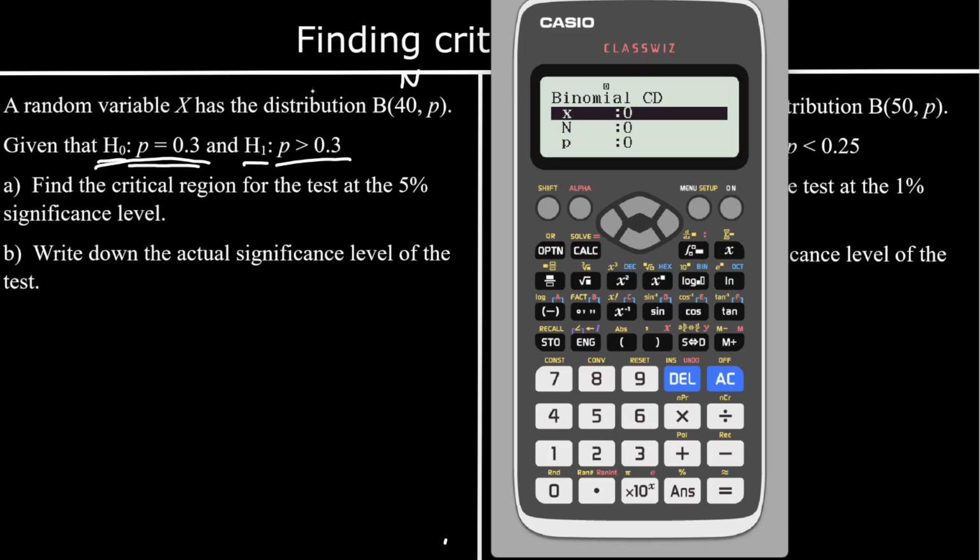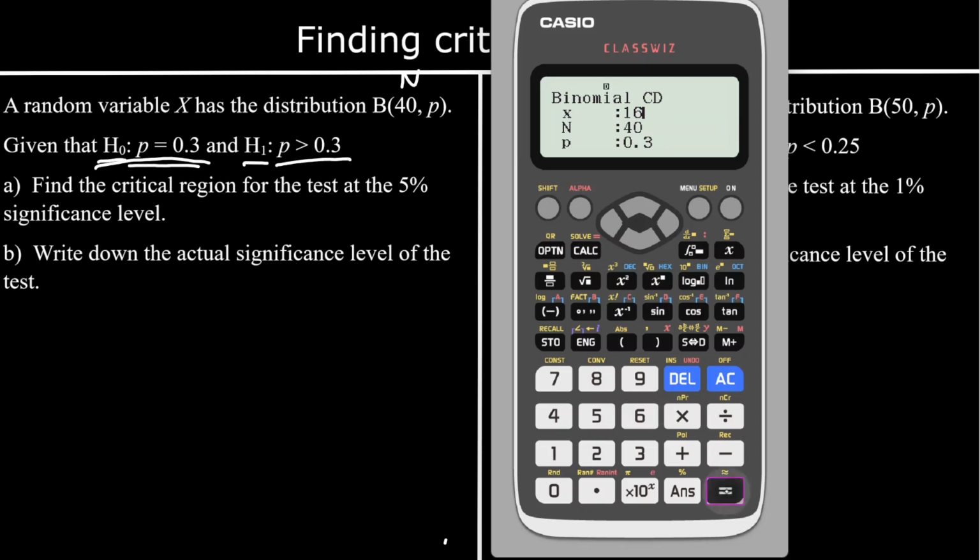So 30% of 40, we'd expect there to be 12 on average. So let's go higher. Let's try 15 out of 40, with the probability being 0.3. So what's the chance of us getting 15 or less? That is 88%. So we need to go higher to find the most extreme 5%.